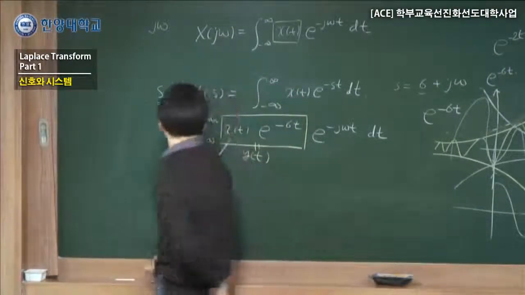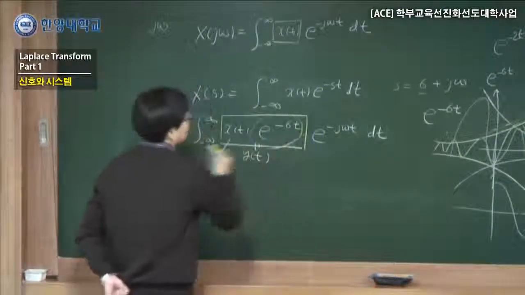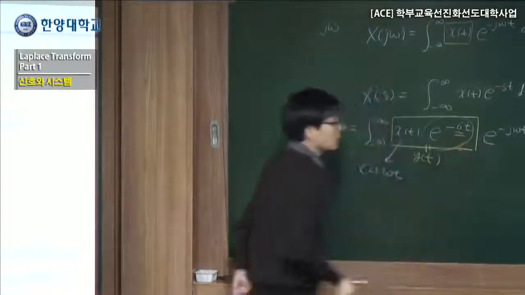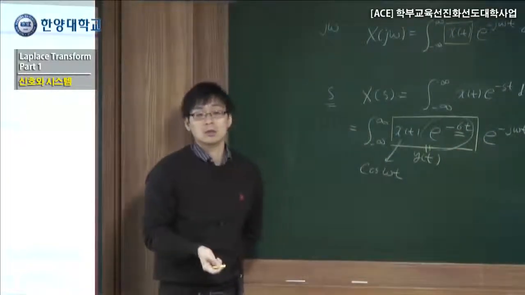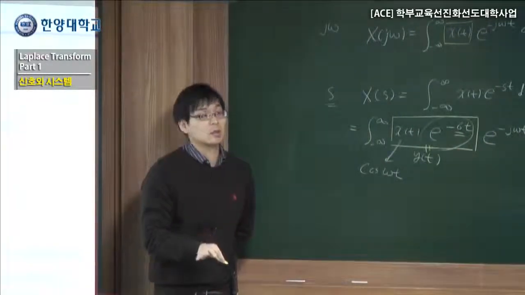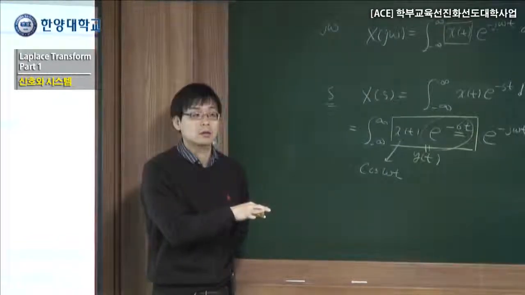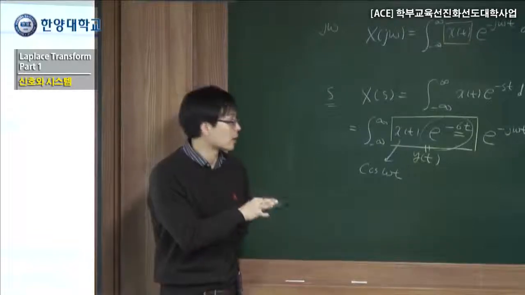So this value, especially the polarity of this one, directly influences the convergence and divergence of the signal. This is what you can see in here.